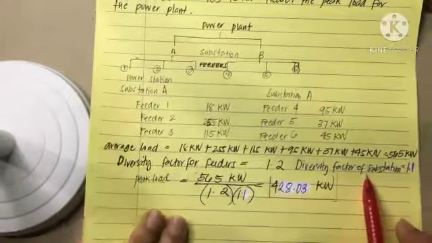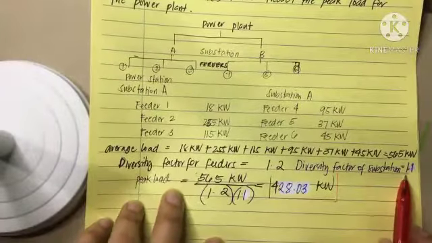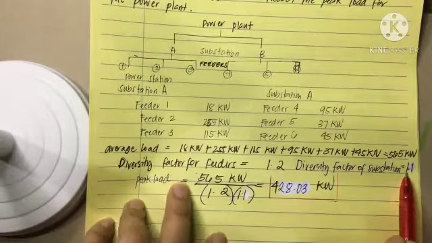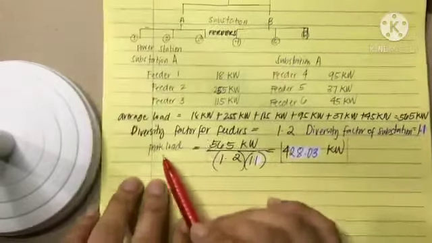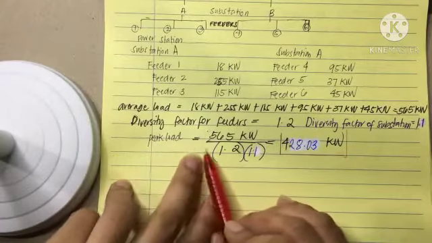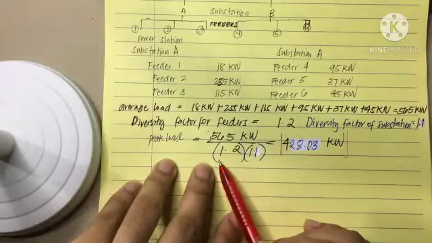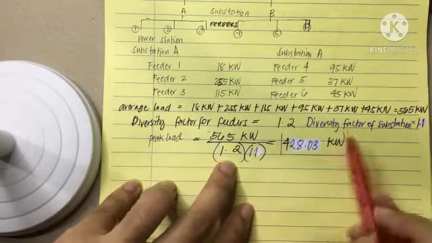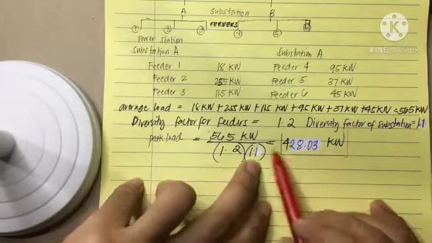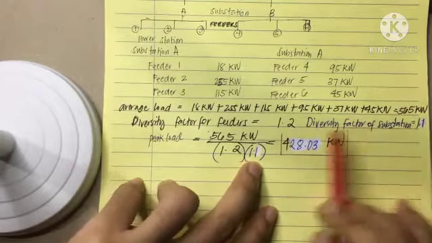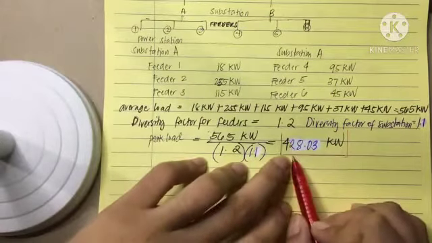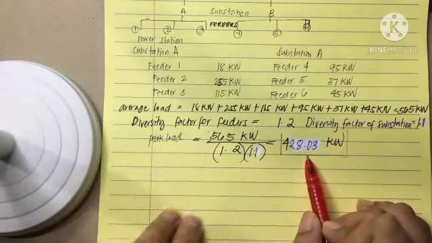Since it is in between the substation, let us include 1.1. So by solving, peak load is equal to your 565 kilowatts, your average load, divided by your diversity factor, which is 1.2 times 1.1, and it gives us an answer of 428.03 kilowatts.